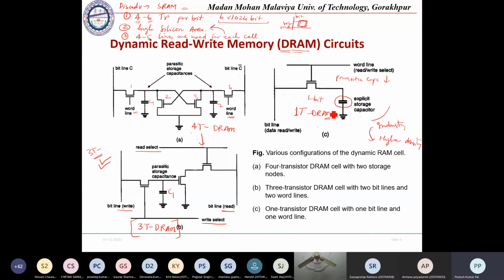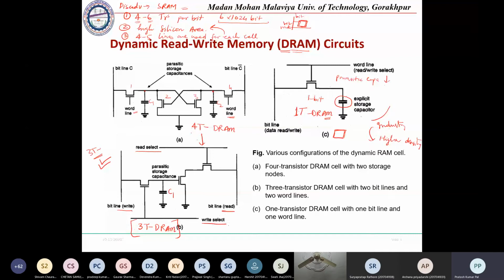For industry, these 1T dynamic RAMs are most preferred because today we require more and more memory space on a single, smaller chip. Based on the demand, higher chip integration or higher density is required, so 1T DRAMs are mostly preferred.